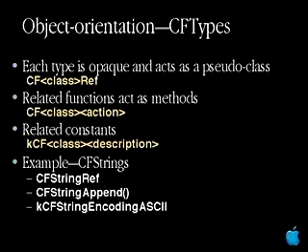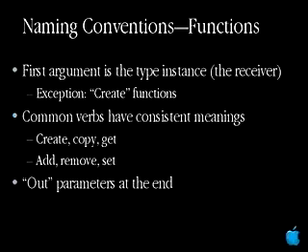So for example, if we look at CFStrings, the type is CFStringRef. An example of a function would be CFStringAppend. And an example of the constant would be kCFStringEncodingASCII. Furthermore, inside the functions, the first argument is always the type instance, what you would consider the receiver if you were writing in a true object-oriented language.